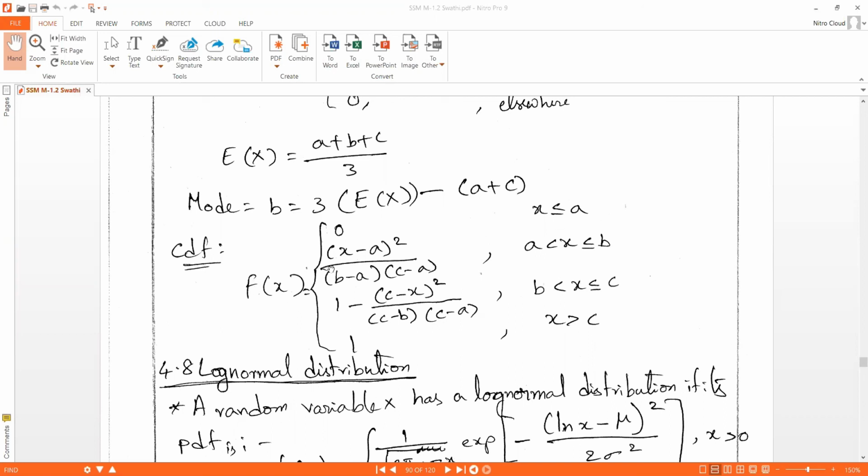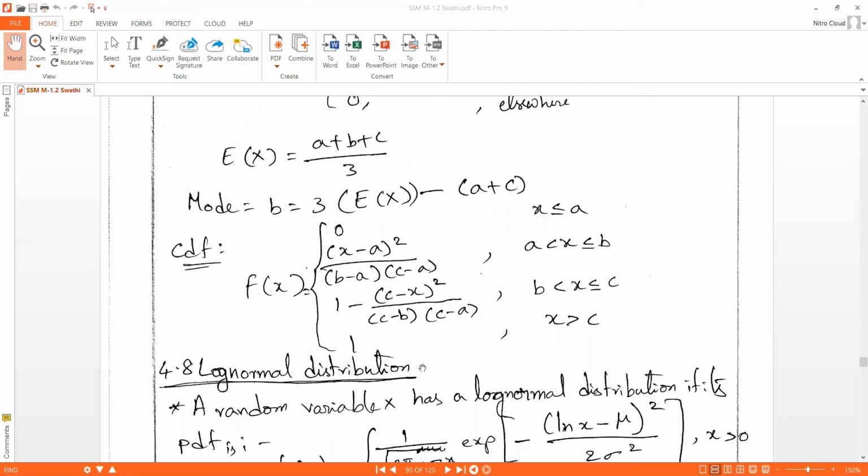Okay, and F of x is x minus a whole square divided by b minus a into c minus a, that is for a less than x less than or equal to b. Okay, and F of x equal to 1 minus c minus x whole square divided by c minus b into c minus a, for b less than x less than or equal to c.